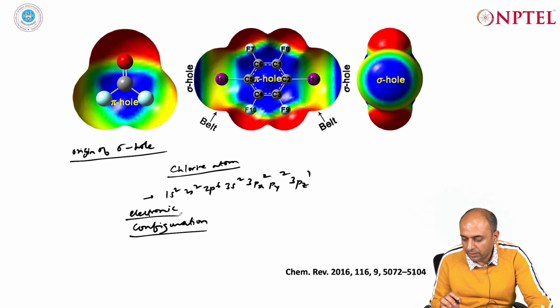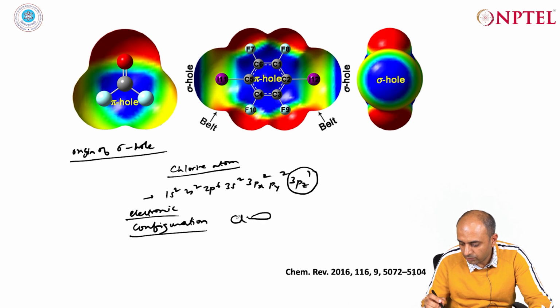So, intrinsically there is a one electron deficiency in the chlorine atom. Now when the chlorine atom participates in covalent bond formation with the odd electron which is in the pz orbital, and we know that the pz orbital overlaps with another pz orbital to form the covalent bond.